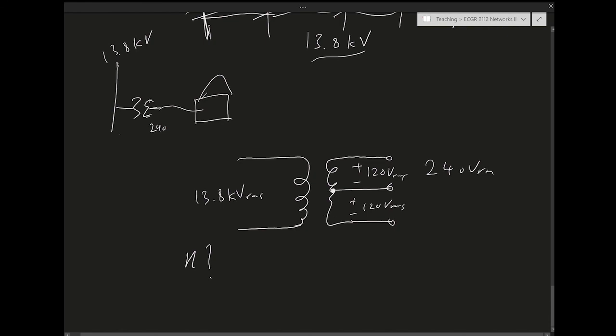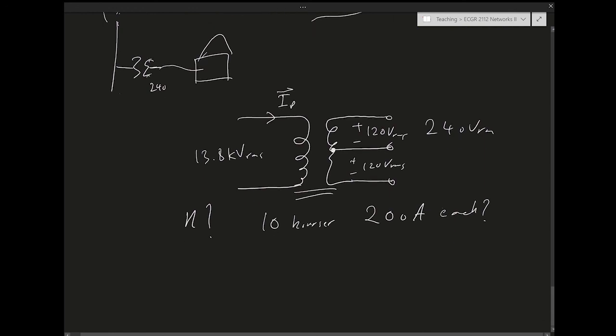Let's say we have one transformer per 10 houses. So one transformer feeds 10 houses, and each house is fed by 200 amps, right? So the question is, what would the power rating of this transformer need to be? And what would the primary current IP need to be? That's the question. So let's do it one by one.